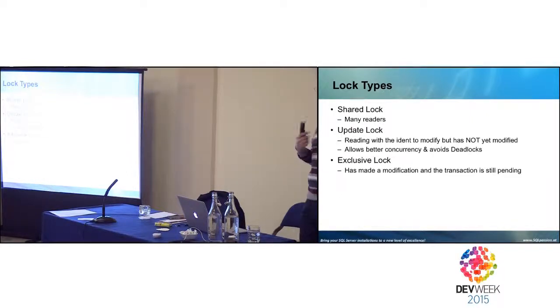So every update execution plan consists mainly of two phases. In the first phase, you're searching for the data that you want to update, and in the next step, you update that data. And during the finding phase, SQL Server uses a so-called update lock.